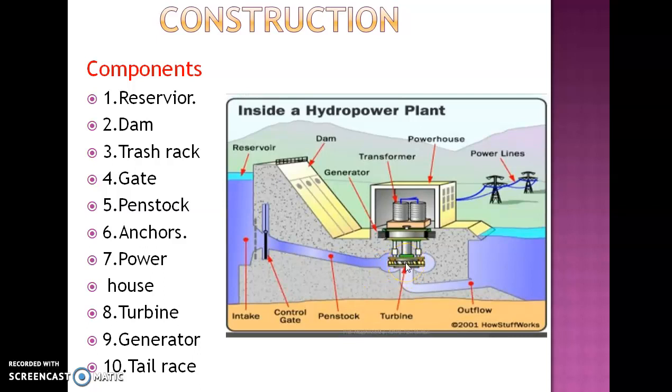Kinetic energy is converted into mechanical energy in the turbine, and as the turbine rotates, it connects with the generator through a shaft. So the generator will also start to rotate, and mechanical energy will be converted into electrical energy, and that will be supplied to the load lines. And whatever water comes out from this will flow into the river or tailrace.